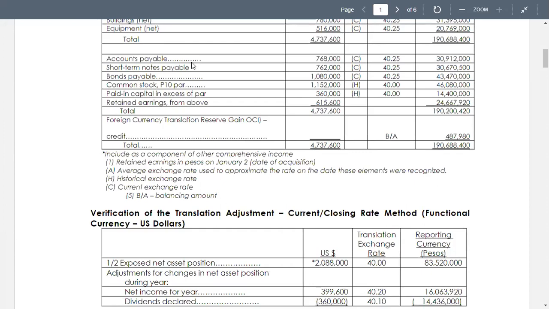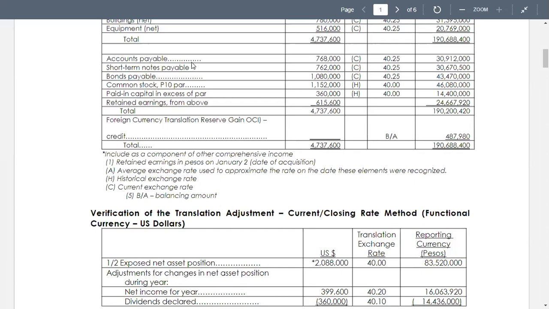Next, non-monetary assets and liabilities carried at past exchange prices or historical cost are translated at historical or actual exchange rates, which results in translating these amounts to the equivalent number of pesos on the date of the transaction.